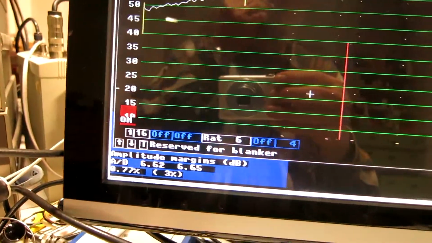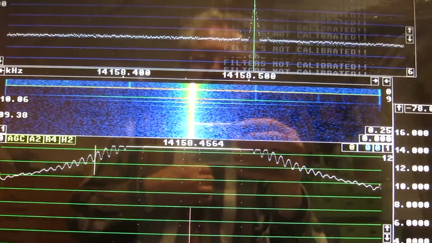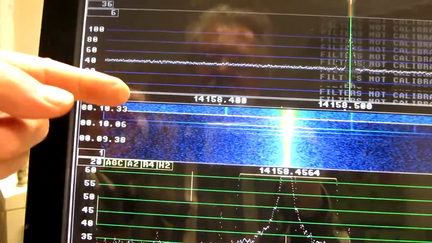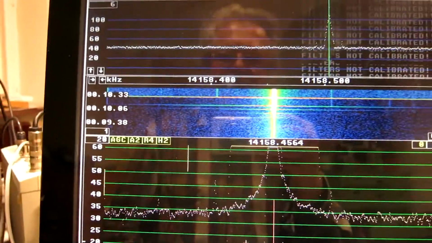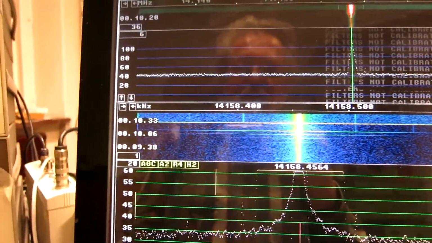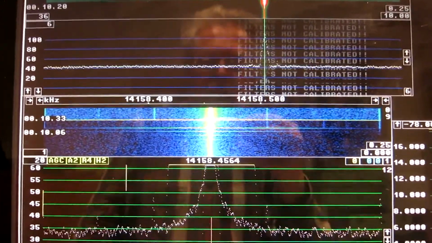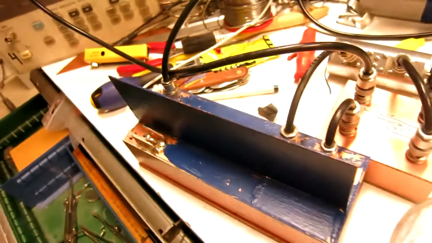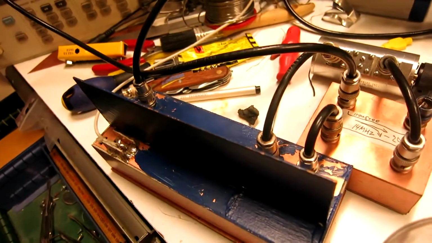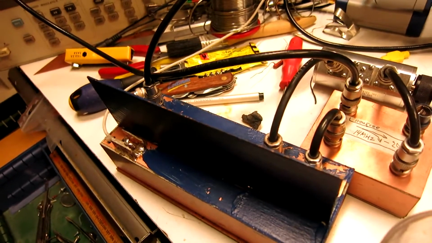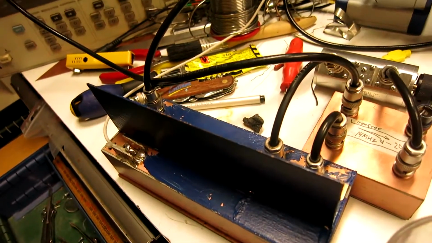Well, 6 dB from. And you can see here we have noise. That is the reciprocal mixing because of this receiver. I don't think that this amplifier, it operates fully linearly. It shouldn't add any noise just because the signal becomes a little bit stronger. I don't think so.